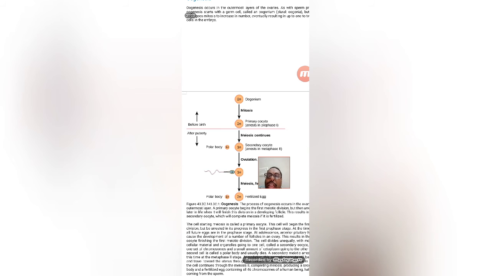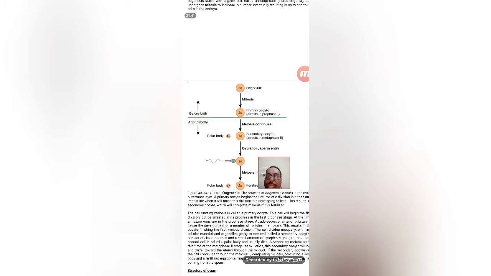Along with that, the ovum must be in n condition, single n. So this polar body will take that half n, because this primary oocyte originated from the 2n condition. Then they undergo meiosis, which is a reduction division, that means making it into half. That half of the chromosomes will be taken by the polar body with a little amount of cytoplasm, and it will degenerate.